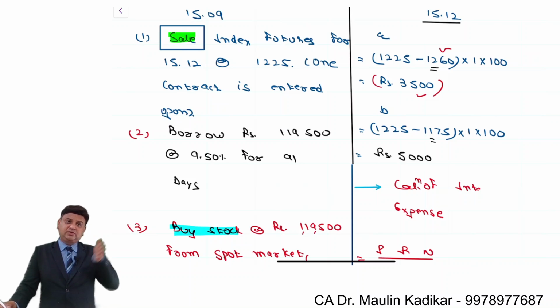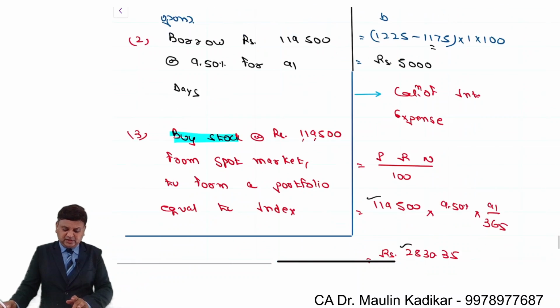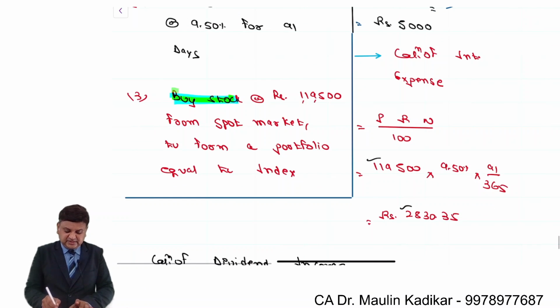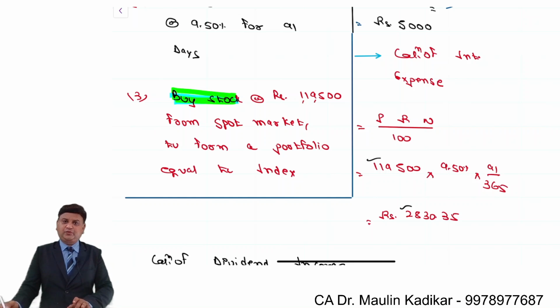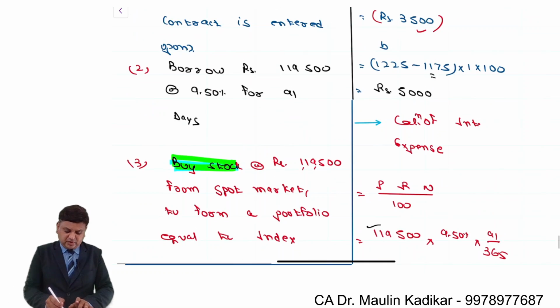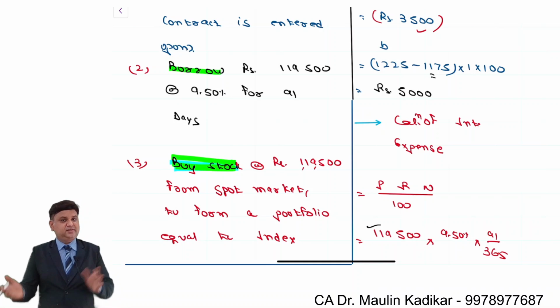Second, since you are going to sell index futures, today you should enter into the transaction for purchase of securities. In order to make investment in the portfolio equal to the index, you will borrow funds. So borrow, invest, enter into the futures transaction for sale of index. That's it. Now what will happen?